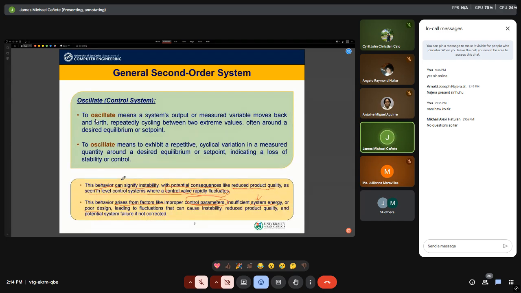Furthermore, to characterize oscillation in the context of control systems, what we mean by oscillate is that the output of the system, which could be anything, temperature, position, volume, air, is moving back and forth.